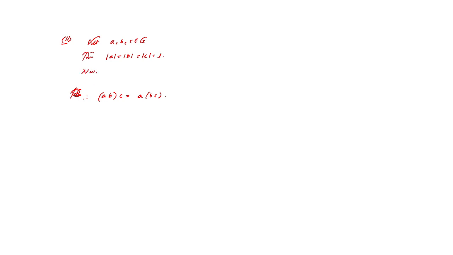Now if we take (AB)C, its modulus will be mod AB times mod C, so that will be mod A, mod B, mod C. This will be 1, 1, 1, so that means 1. Again, if we take A(BC), its modulus will be mod A times mod BC, so mod A into mod B into mod C. So again it will be 1, 1, 1.